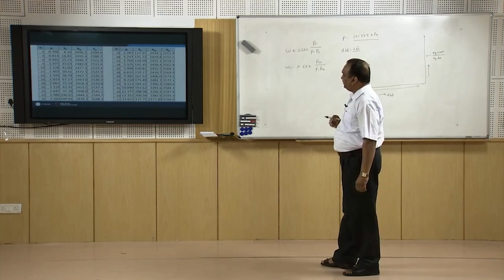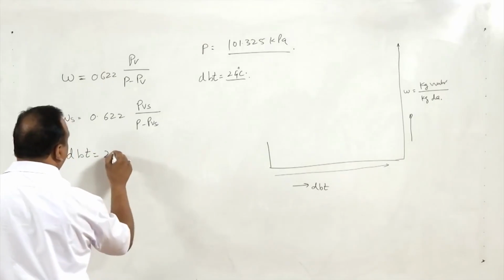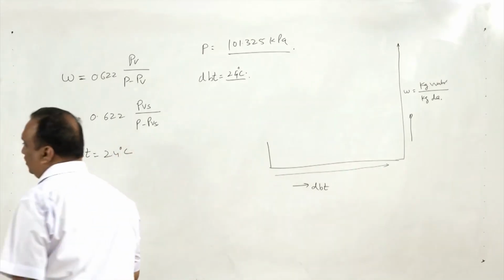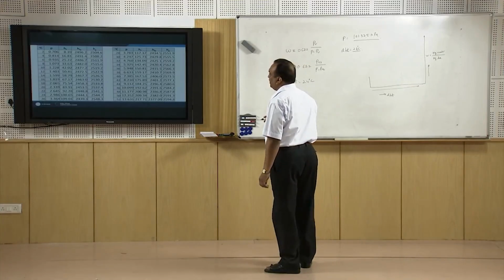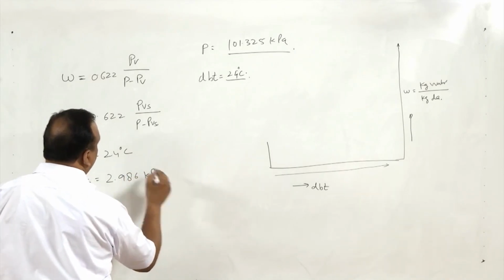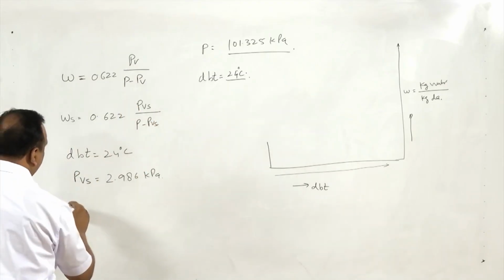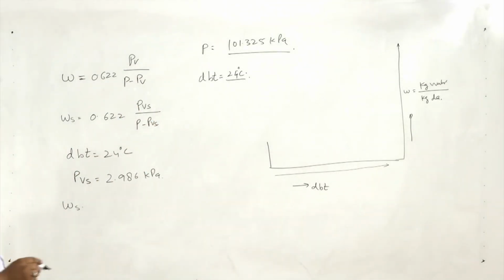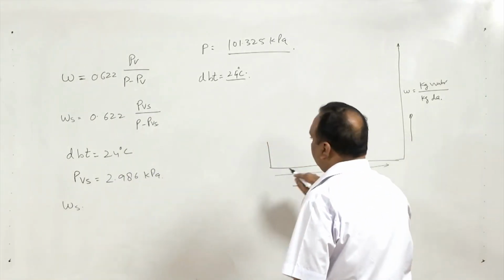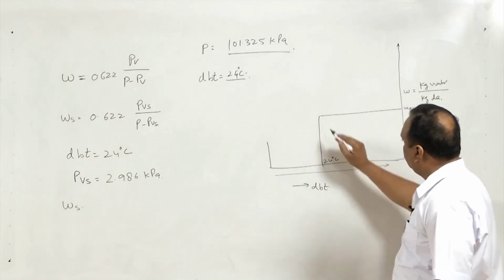At this dry bulb temperature of 24 degree centigrade, the partial pressure of water vapor in air is going to be 2.986 kilopascal. Now, we have all the values, the partial pressure of the water vapor and the total pressure, so we can find the value of omega s, that is 0.1.